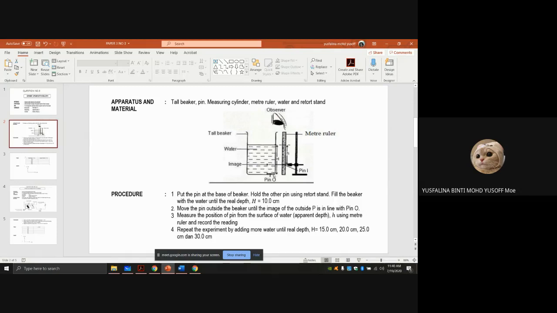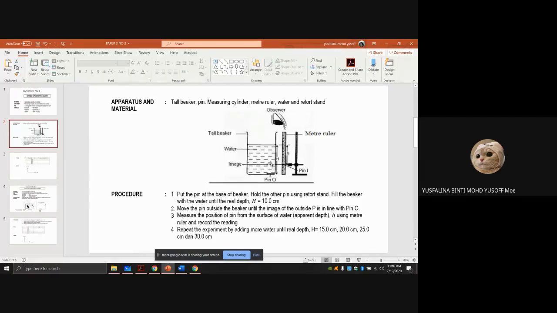And then move the pin outside the beaker until P is in line with Q. So you put a pin outside here, and when you move it, you can see the image of the pin inside the water here. So until the image of P is in the same line as the pin O. This one is quite hard to find.